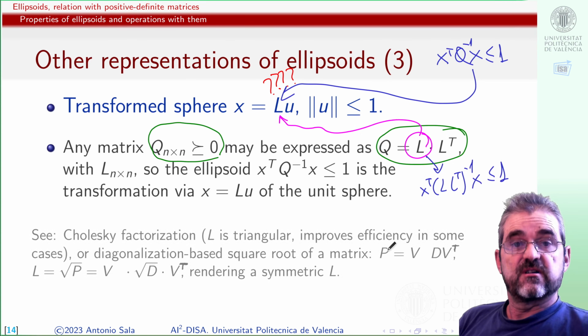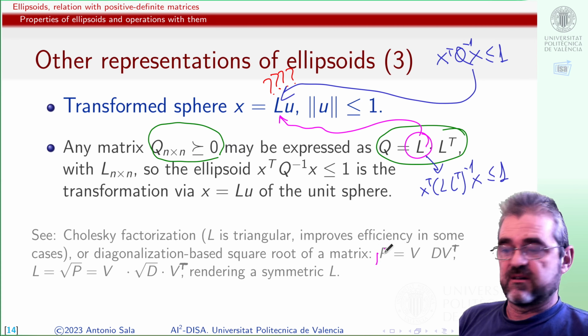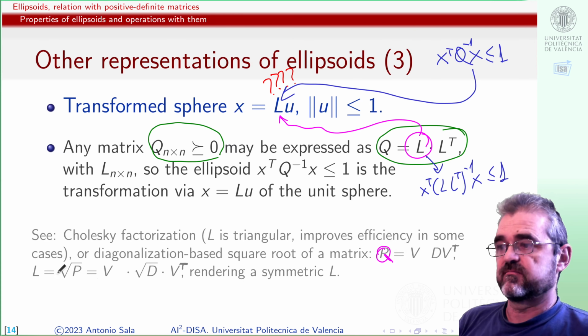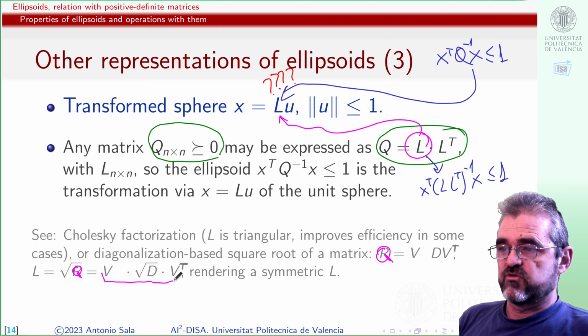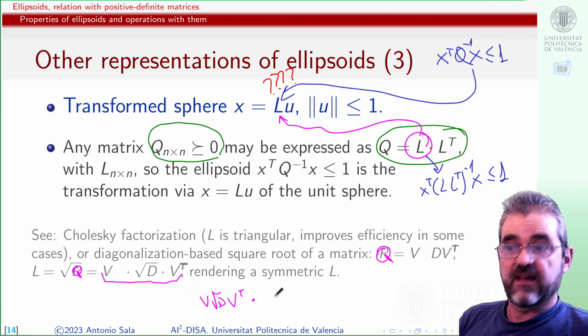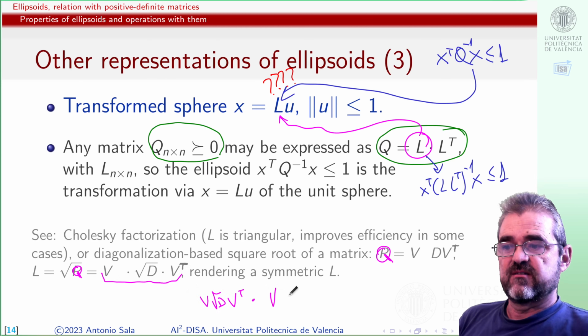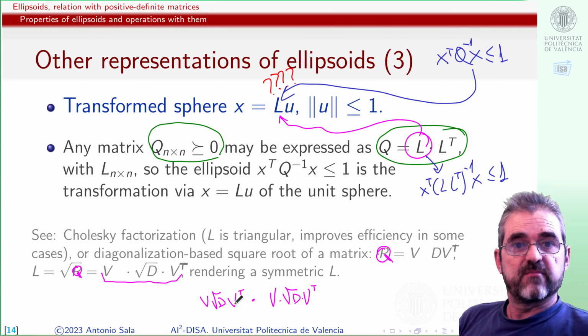Well, I just hinted the diagonalization way. If my matrix Q is V D V transposed, where D is diagonal and V are the eigenvectors, then if I choose this thing as L, then V square root of D V transposed times L transposed, which is V square root of D V transposed again, because this is a symmetric matrix.